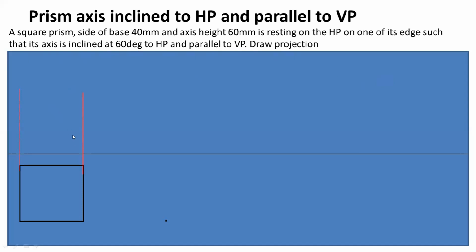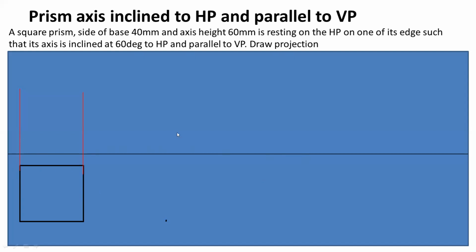When you draw the projection, first assume the complete solid, that is the complete base, is resting on the HP. Now as it is resting on one of its base edges, these two edges must be perpendicular to the XY line. If the given condition were that it is resting on one of its corners, then we would make this base equally inclined to the XY line.